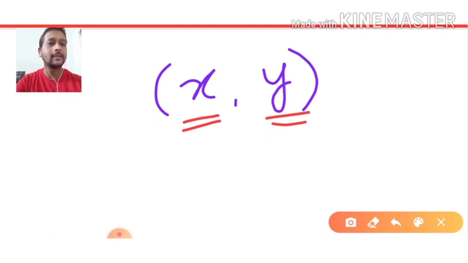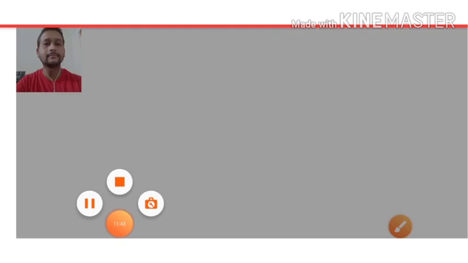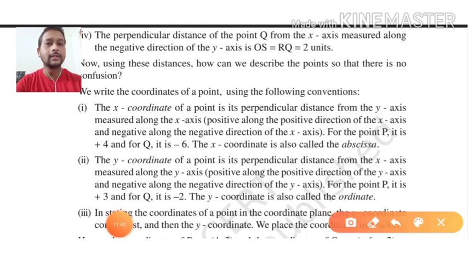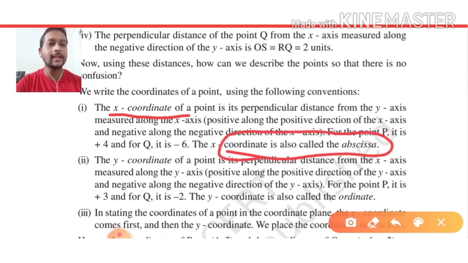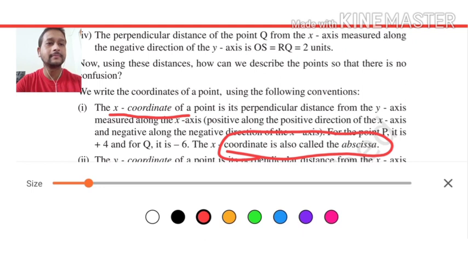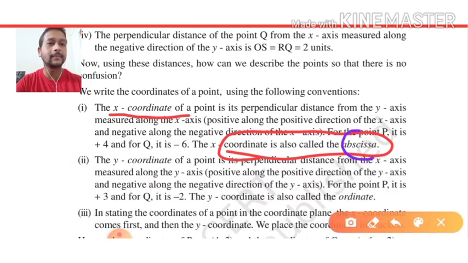It is given in the book, I'll show you. As I told you, the x coordinate is also known as the abscissa, and the y coordinate is known as the ordinate.